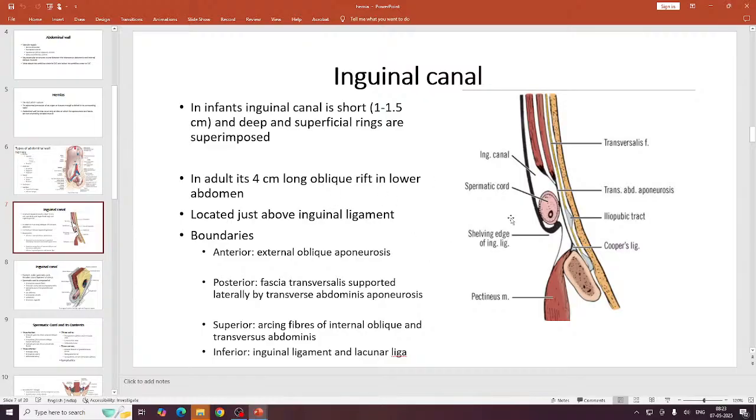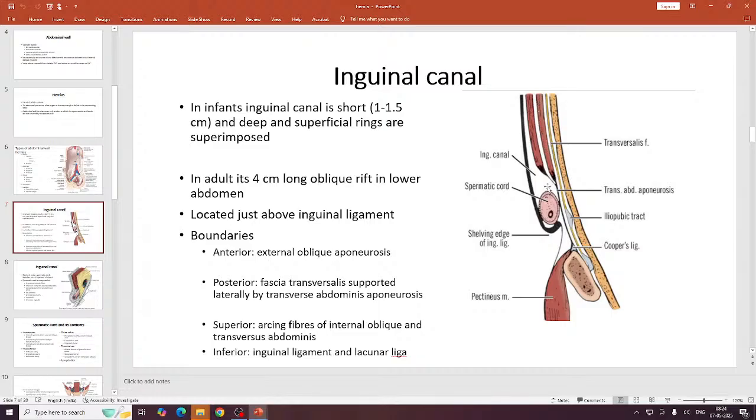This is the sagittal section of the parietal wall through the inguinal area. This is the external oblique, coming in front and folding inward to make the inguinal ligament, and this is the internal oblique, transversus abdominis.